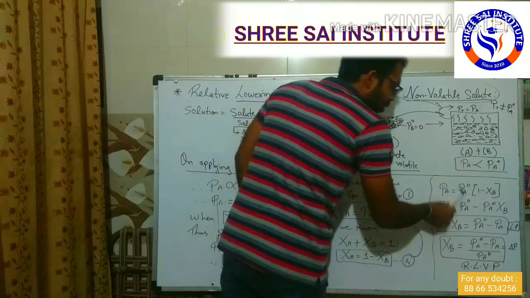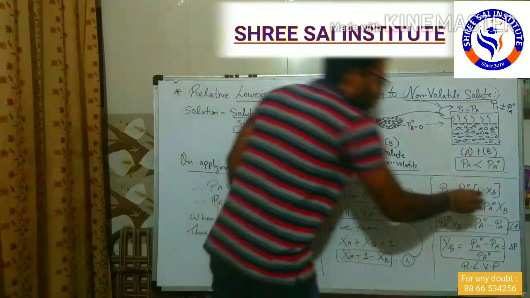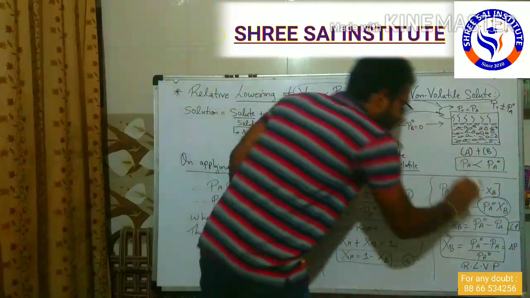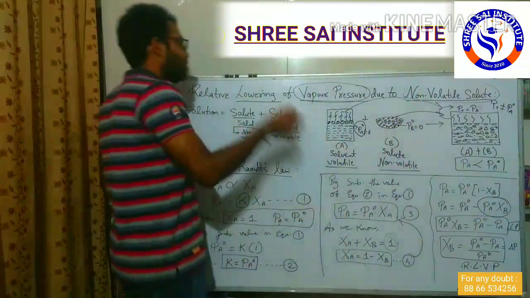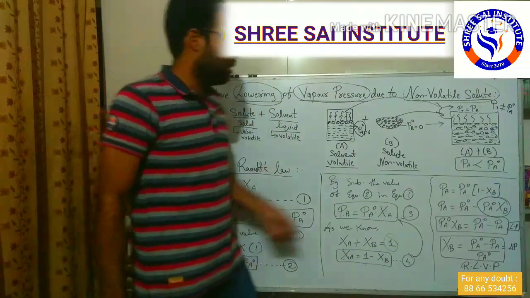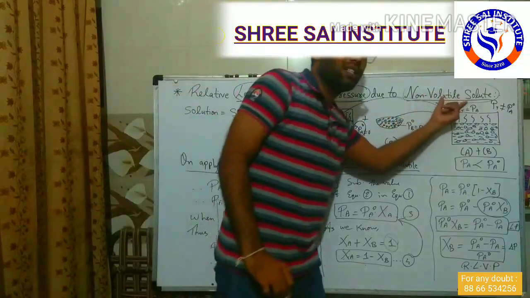That means Pa equals Pa naught minus Pa naught Xb. Why do we make Pa naught Xb the subject? Because we have to prove that the vapor pressure is somewhat less, and that is due to the non-volatile solute.